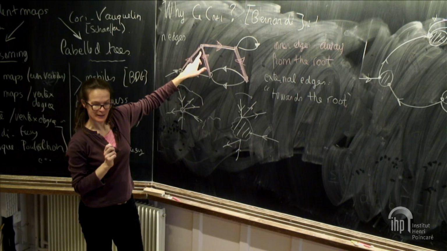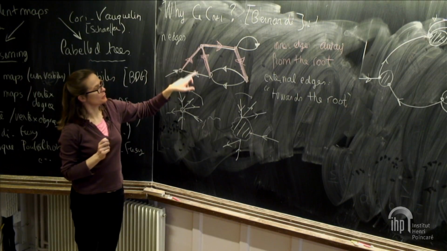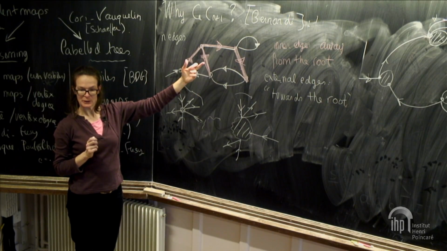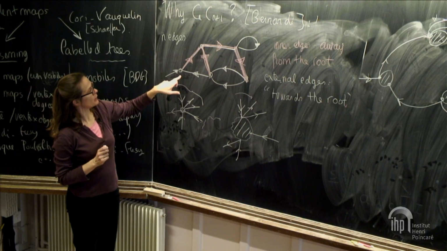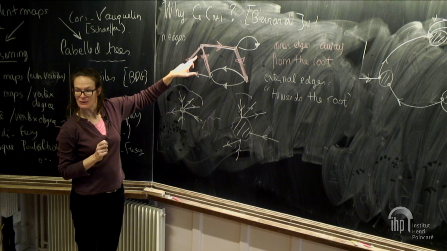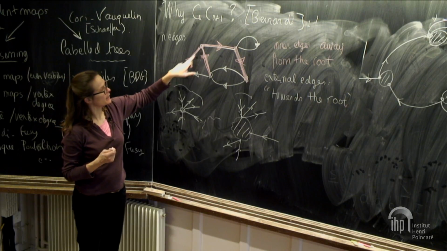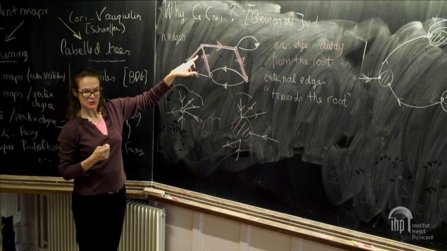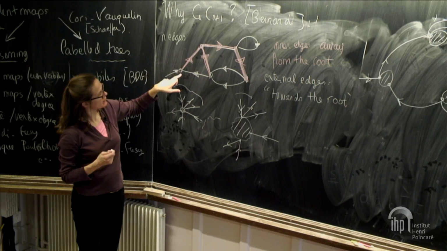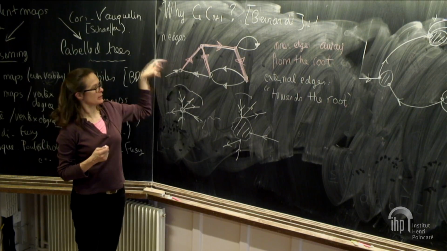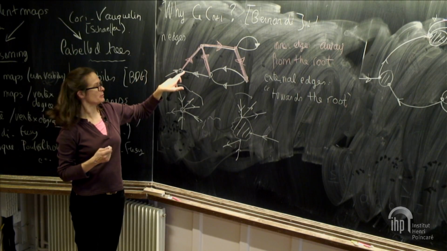Maybe I should insist on that. In other words, when I do what I was doing before, walking around the tree, when I was doing an A, following an edge of the tree for the first time, I orient this edge in the direction where I'm going, whereas when I meet a B, I orient the edge towards the point where I am.